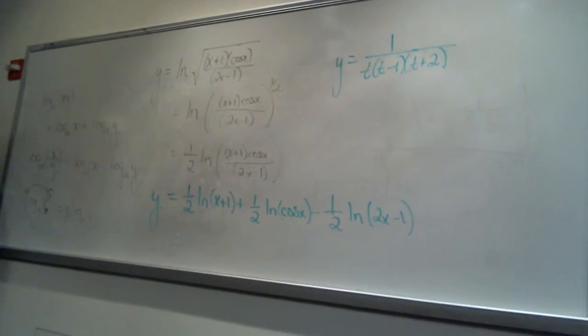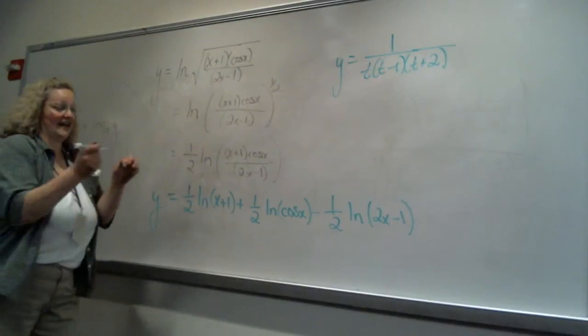Could I make this easier on myself? By doing what? Remember, it's an equation. Yeah, take the log of both sides. Since it's an equation, as long as I do the log of both sides, I'm not altering it any.